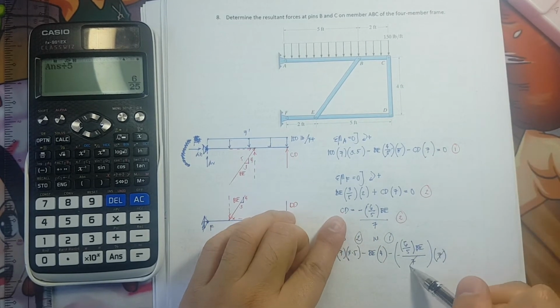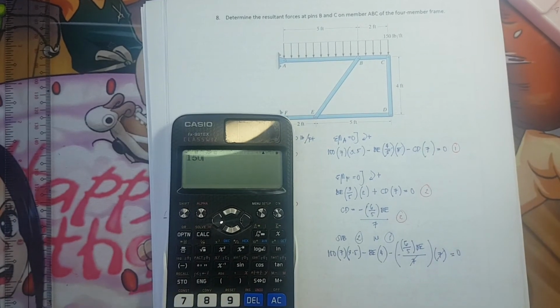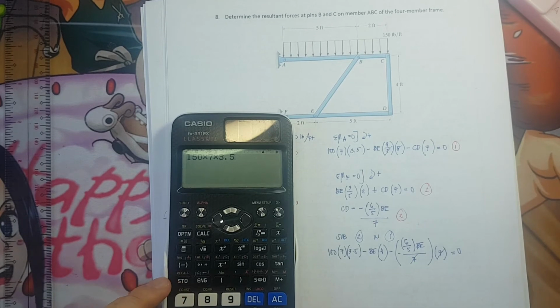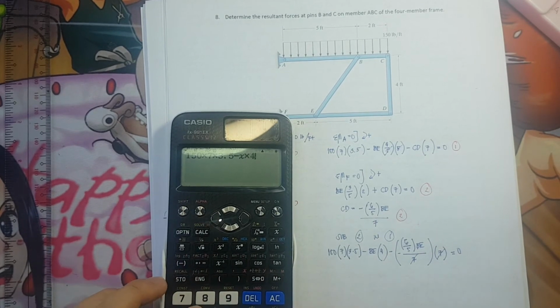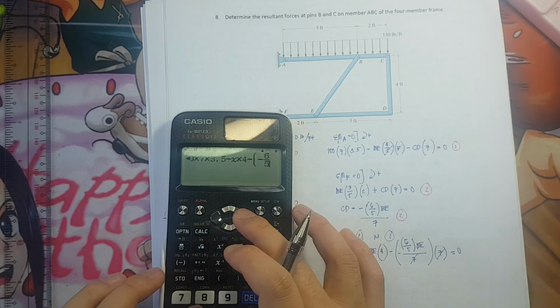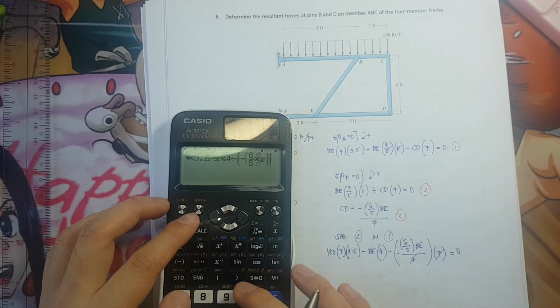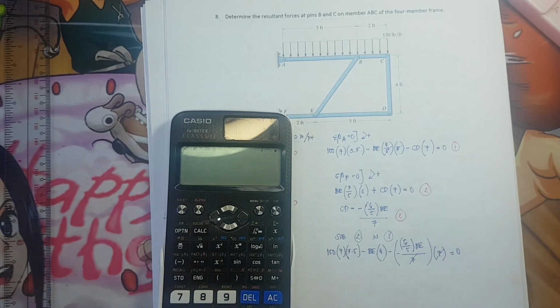So 7 will simply cancel out, and that is equivalent to 0. So 150 times 7 times 3.5 minus BE times 4 minus negative 6 over 5 times BE, and that is equivalent to 0. So it is 1,312.5.